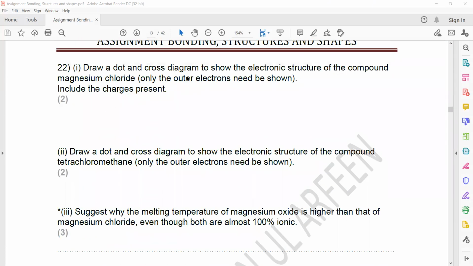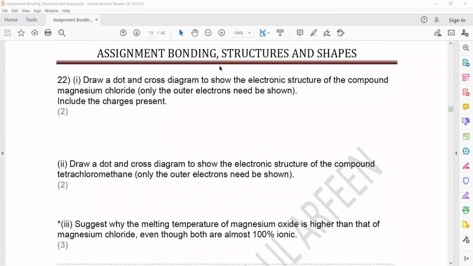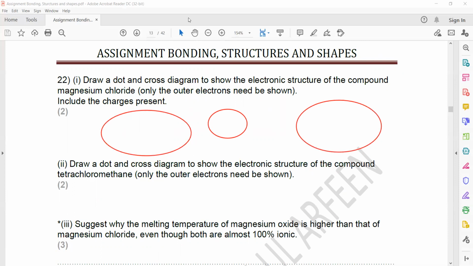In question 22, draw a dot and cross diagram to show the electronic structure of the compound magnesium chloride. Only outer shell electrons, and include the charges. So for dot and cross, magnesium belongs to group 2, so it will lose all of its valence shell electrons, and chlorine belongs to group 7, and we just have to draw the outer shell electrons. Magnesium's electronic configuration is 2, 8, 2.